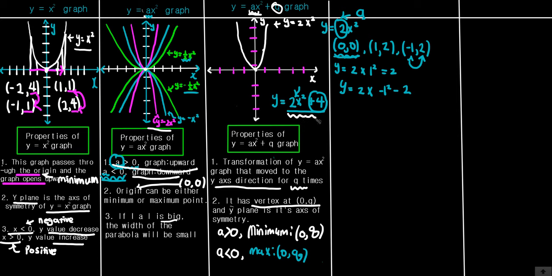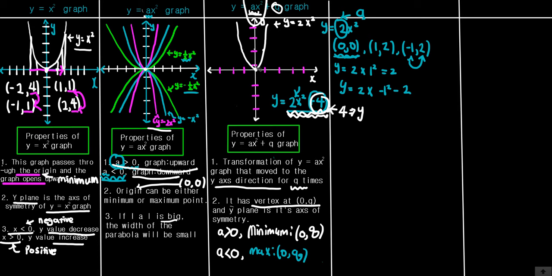But as we have learned, the 4 is a positive 4, which means we are moving it positive 4 in the y-axis direction. So if you move 1, 2, 3, 4, the graph will look something like this, which satisfies this equation right over here.